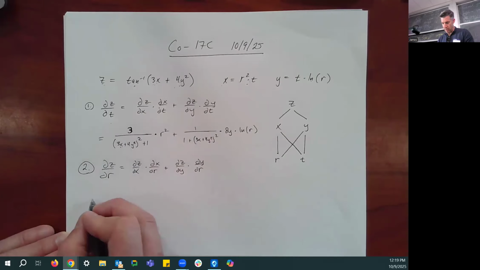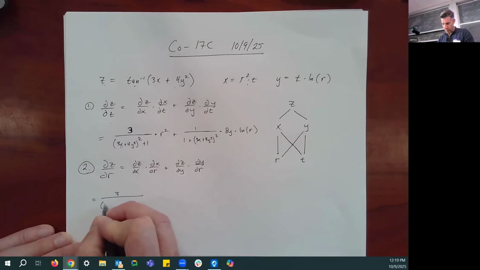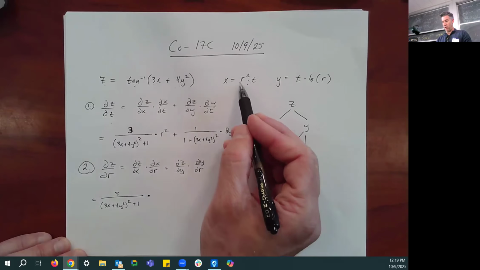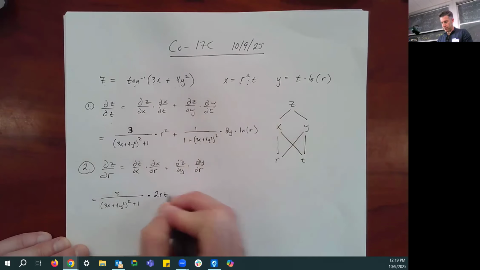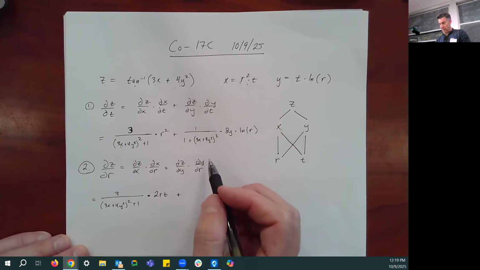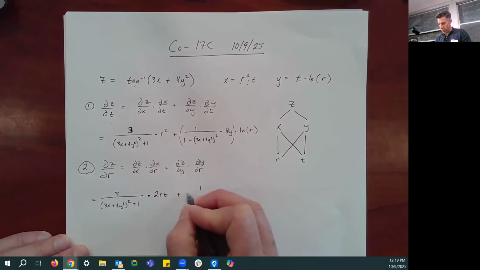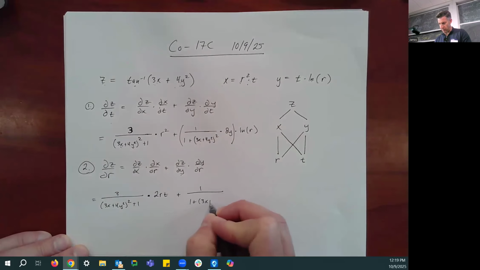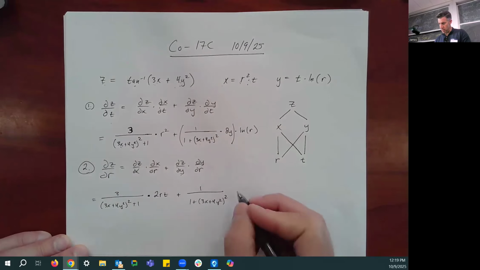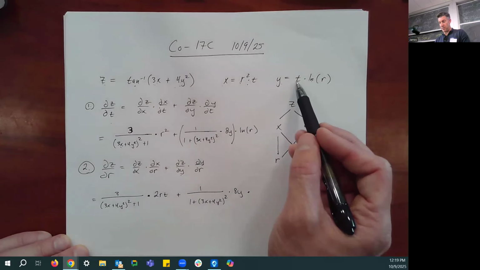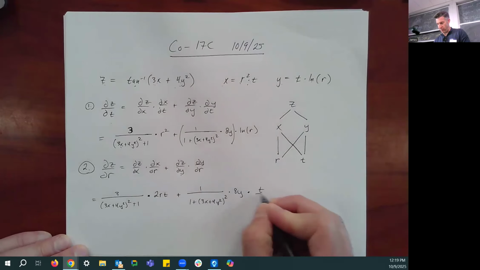So it's going to be 3 over (3x plus 4y squared) squared plus 1 times my del x del r, which is going to be 2r times t, plus my del z del y, which is all of that in parentheses there. It's 1 over 1 plus (3x plus 4y squared) squared times 8y multiplied by the partial derivative of y with respect to r, which is going to be t times 1 over r, or t over r if you prefer.